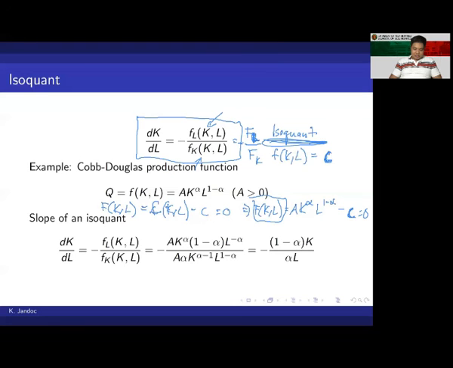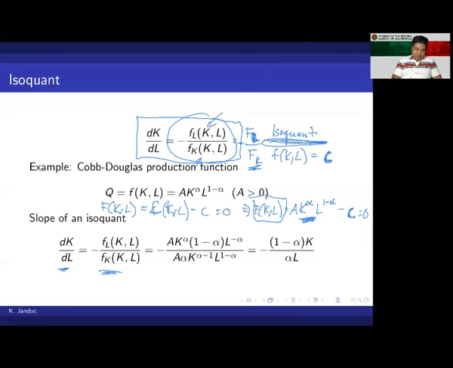Since the derivative of this implicit function operates on the function F, you have this result. So it's just straightforward getting the partial derivatives, to be exact. So dK over dL is equal to this one.